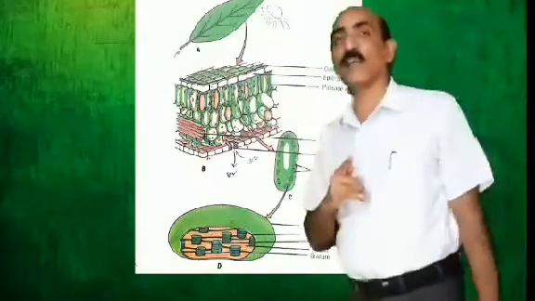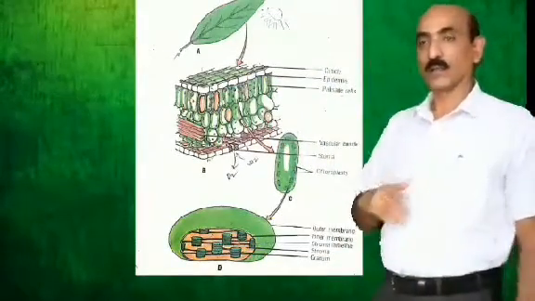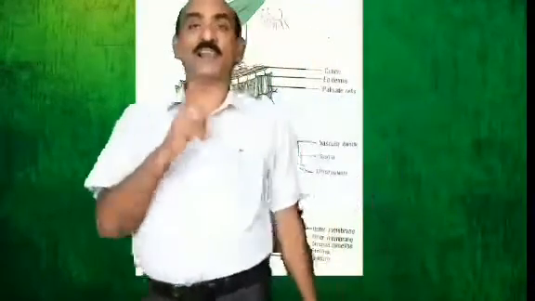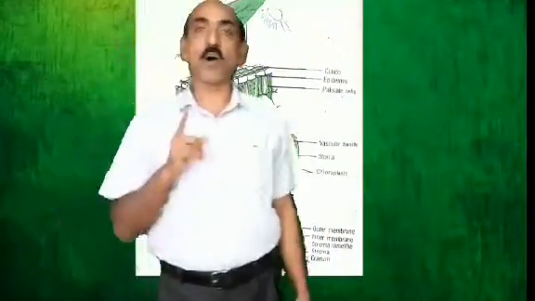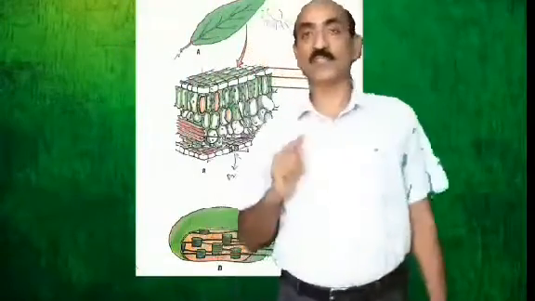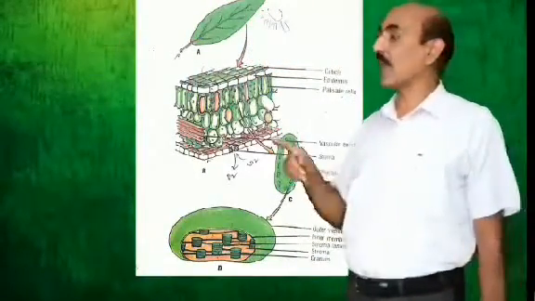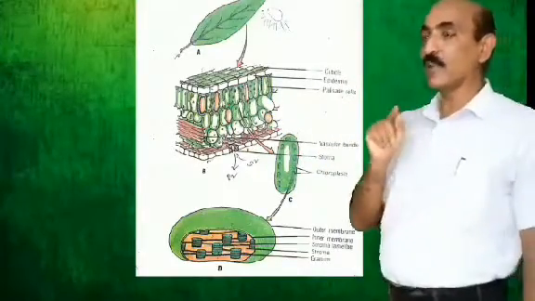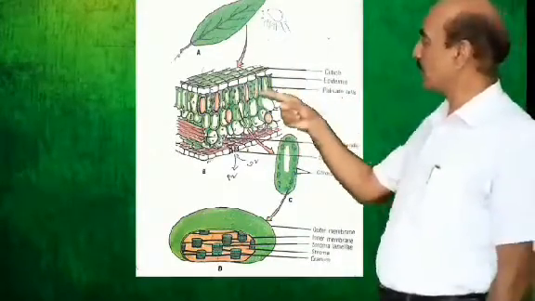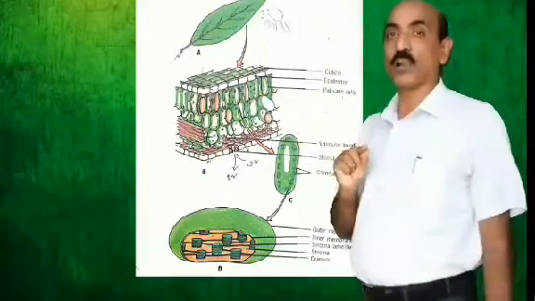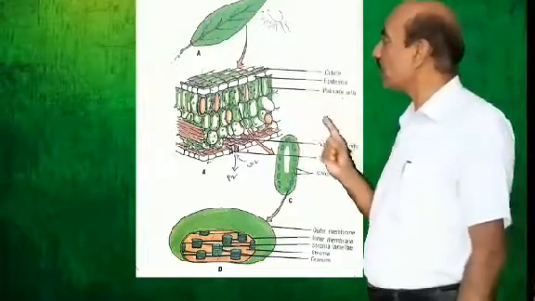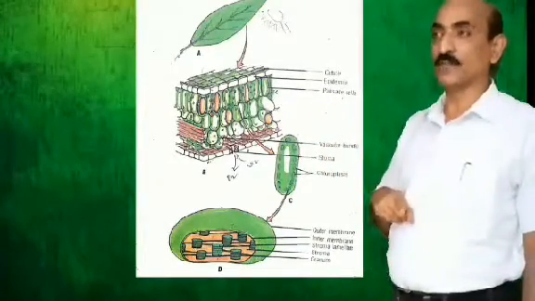In fact, leaf is a dissimilar lateral appendage born at the node and subtending the bud in its axil. This is the leaf. Leaf may be of two types. The leaf having the petiole, as it is here, that is called petiolate. If petiole or stalk is not, that is called sessile leaf.